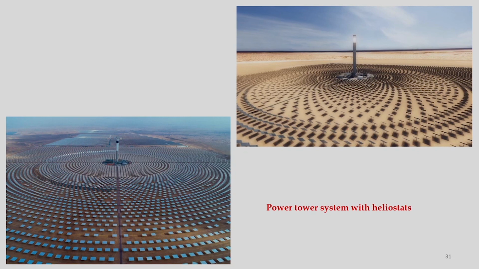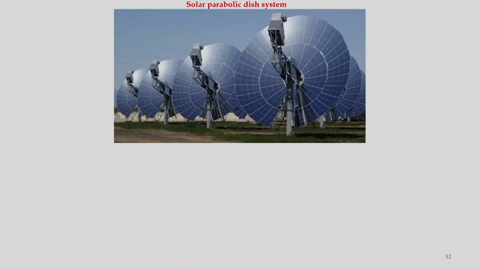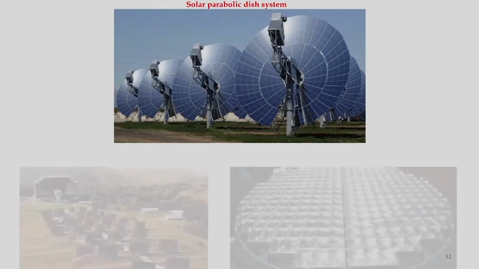And this is the figure for the central power receiver system. See here, these circular fields are there, and these are the reflected rays and this receiver. It is a big power plant for generation of electricity by using the central power receiver system. And this is the solar parabolic dish system.